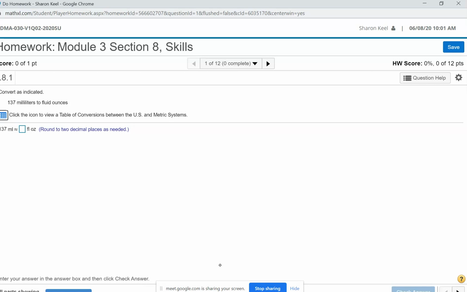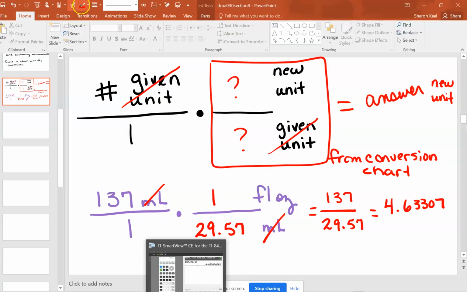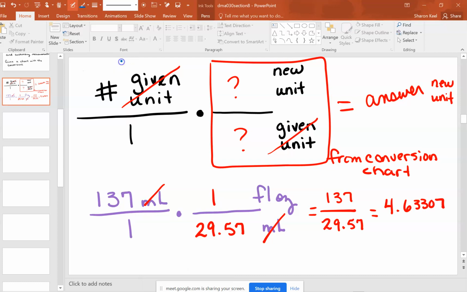and I need to look here because we have 137 milliliters is how many fluid ounces. In the parenthesis, they tell us how far to round. Here it says round to 2 decimal places. So when I come back to the number that I wrote down, because I wrote several digits, when it says round 2 places, we go 1, 2.